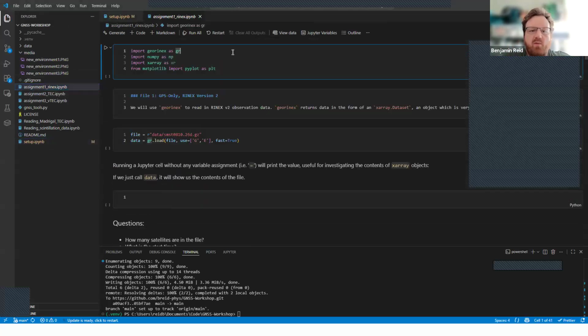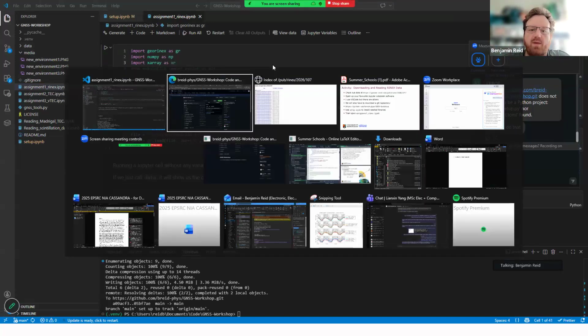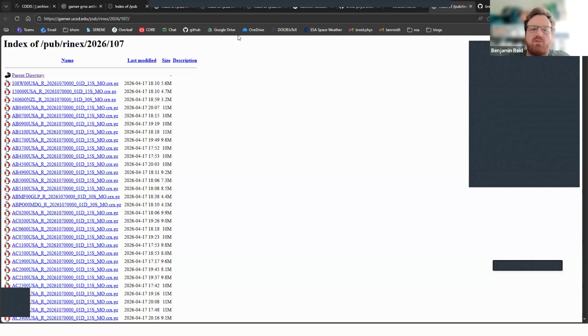There is this assignment one, which is what we'll work through. There's a folder here called data, which has some example RINEX files that we'll use. In the meantime, there's lots of places where you can find data.